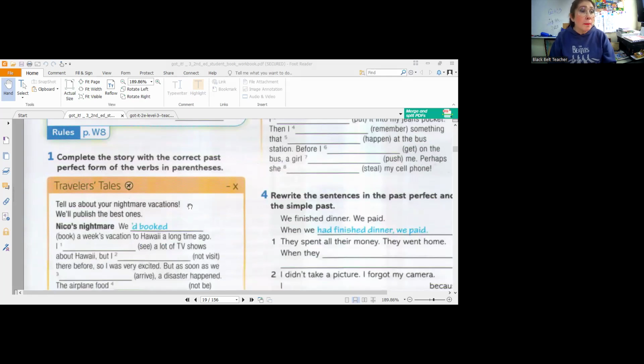Exercise 1. Complete the story with the correct past perfect form of the verbs in parentheses. Let's see. The verb here is book. Book is a verb, which means to make a reservation. So tell us about your nightmare vacations. Vacations sometimes are awesome, sometimes are a disaster. So this is an example of a nightmare. Nightmare means pesadelo. So nightmare vacation, umas férias pesadelo.